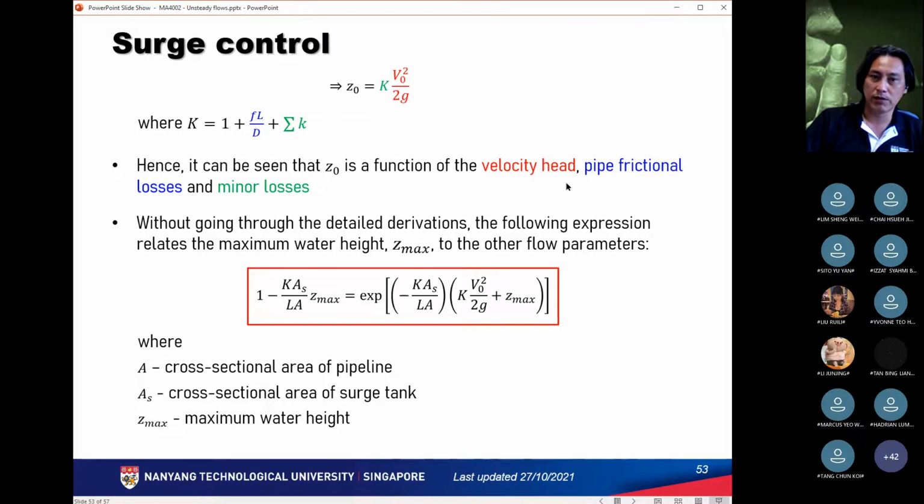Now, there's a full set of derivations that would probably stretch on for 3 or 4 slides as to how we get this. But like I always say, I don't care too much about derivations. I think the derivation would take us way too long, plus it's going to confuse a lot more people.